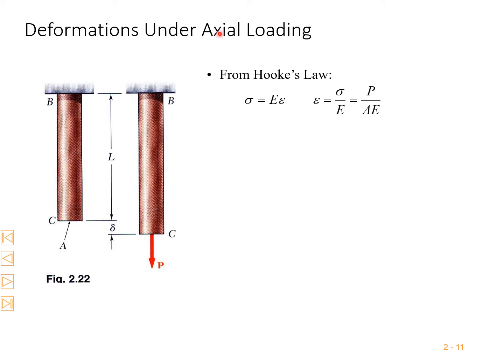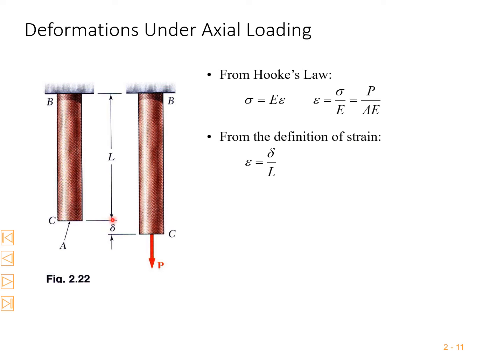Deformations under axial loading. You could see from Hooke's law, stress is proportional to strain. So strain is nothing but stress by Young's modulus. Stress value we can say P divided by A, so strain equals P by AE. Then from the definition of strain, what is strain?